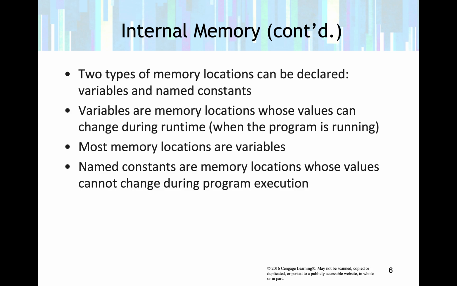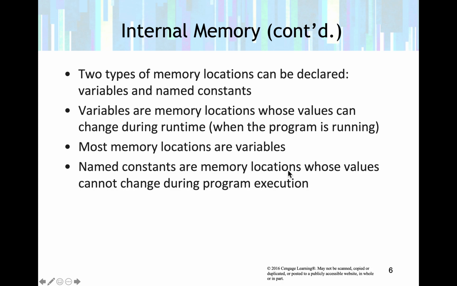And the video game is keeping how many points you have scored. So the score has to be a variable because your score is either going to increase or decrease. It doesn't stay the same all the time. So while you're playing, that score is changing. That would be a variable. Most memory locations are variables.